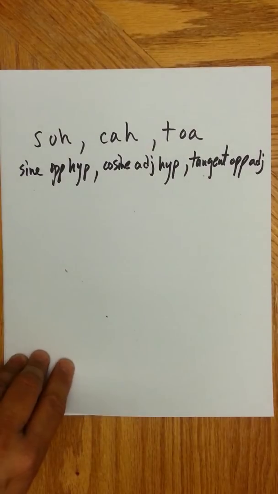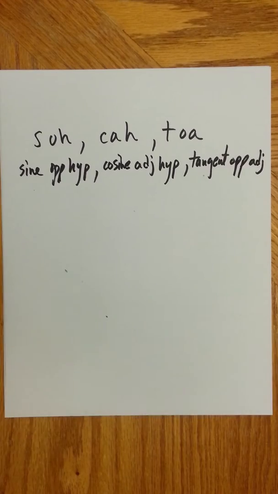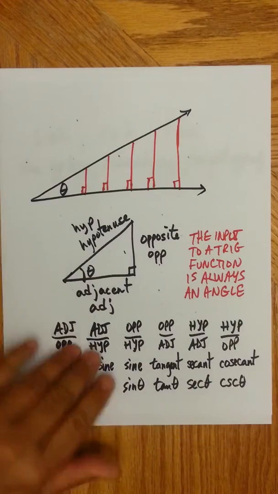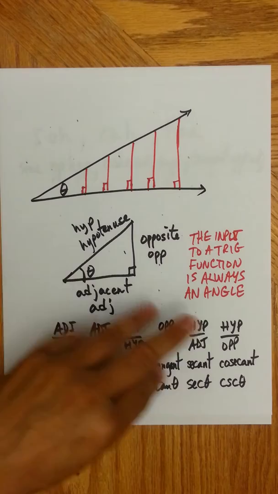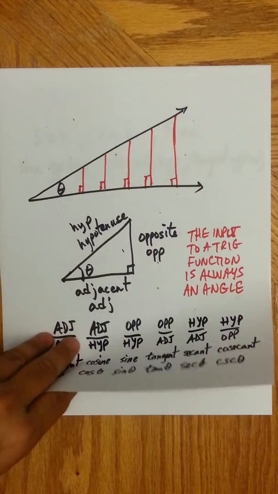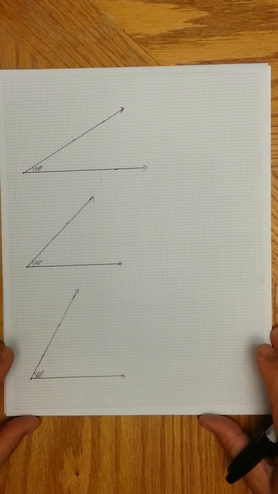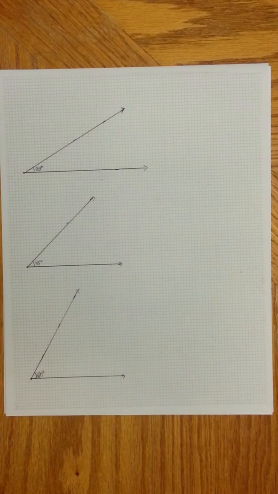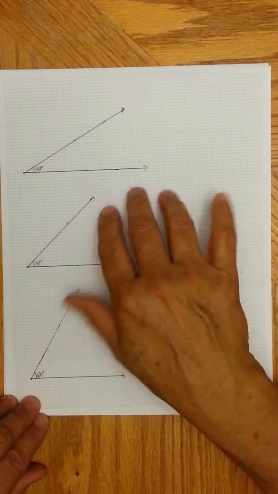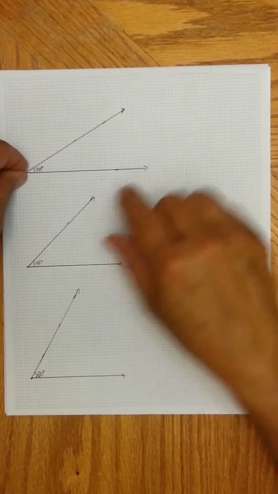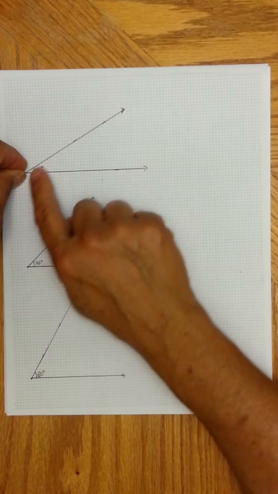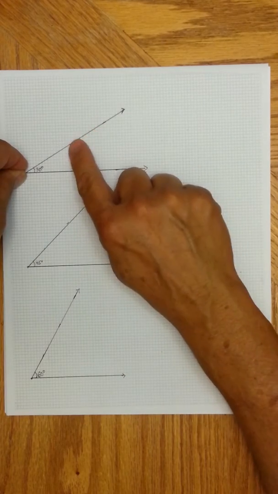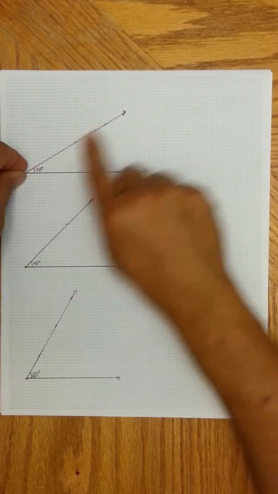Now, what you can do then is say that since this is all based on a specific angle, you can find all the ratios for that angle. So how would we do that? Well, here's one way you could do that. I've got some quadrille paper, and I've just marked a 30, a 45, and a 60 degree angle. What I did is I took a protractor, drew a horizontal line, and then at the 30-degree mark, I made a mark on either side, and then drew a line.